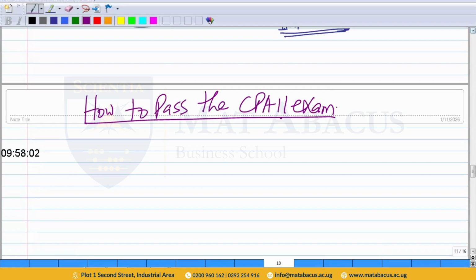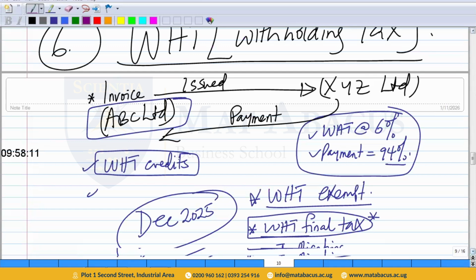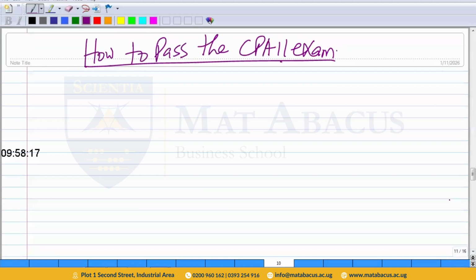I don't think there are people who are here just to learn tax for practical purposes. Much as this will give you the practical bit, most of you here, your major objective is to pass the exam in May 2026. So how to pass the paper? I normally give this to my students, but those who follow, 99.9%, they pass.